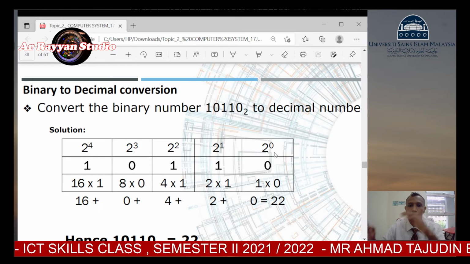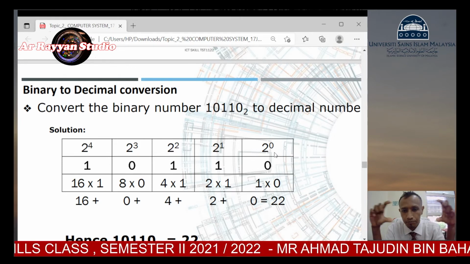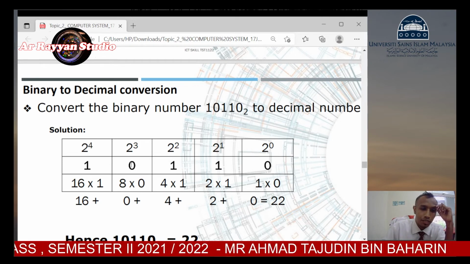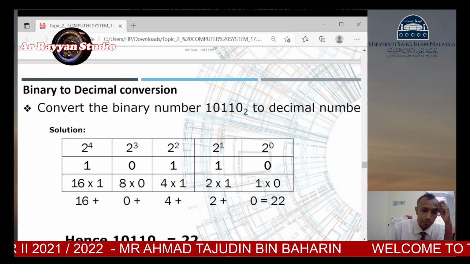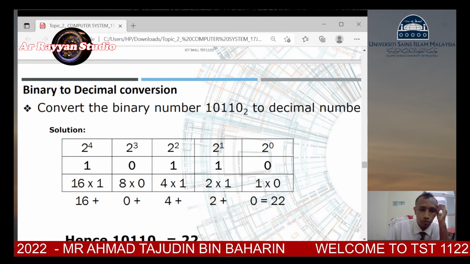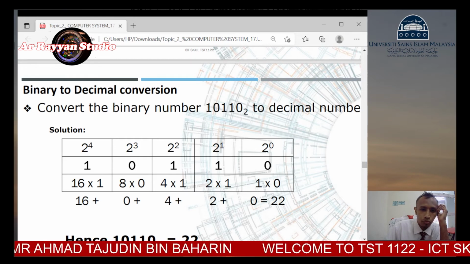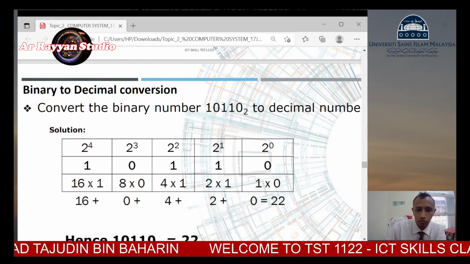So kita masukkan dalam table, okay, 10110. So kita start balik dengan 2 power of 0, 2 power of 1, 2 power of 2, 2 power of 3 and 2 power of 4.